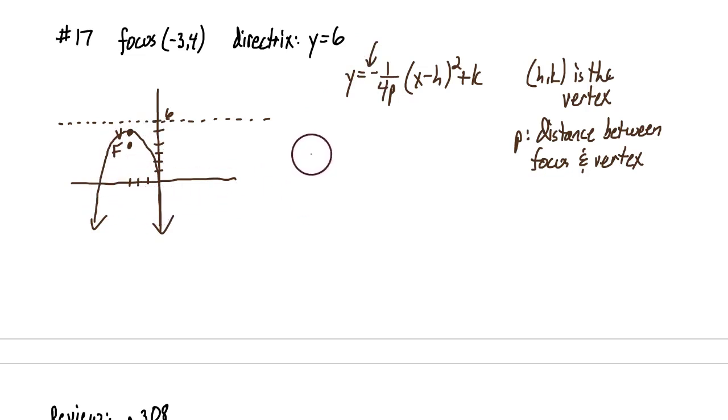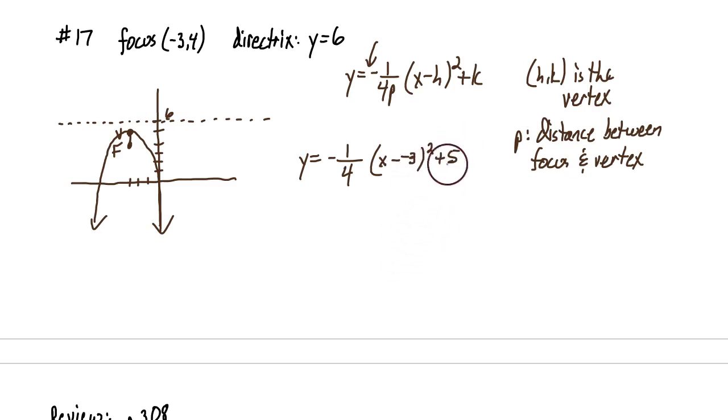So let's make our substitutions. Y equals -1 over. Let's figure out what p is. What is the distance between F and V? That's just 1 unit. So 4 times 1 is 4. Minus, and then x minus -3 squared plus 5.